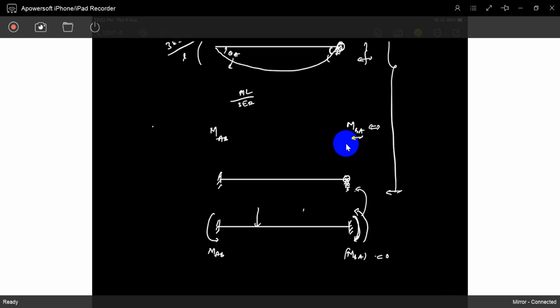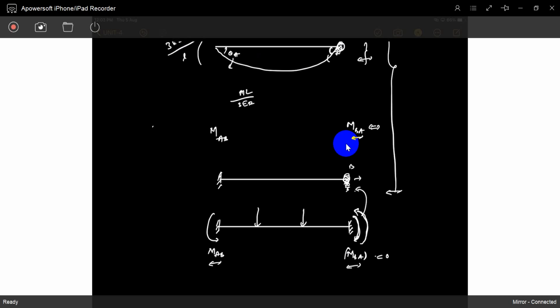For whatever loading is there, we find the fixed end moments MBA and MAB. But finally the moment at this point has to be 0, so I want to apply the same moment in the opposite direction.